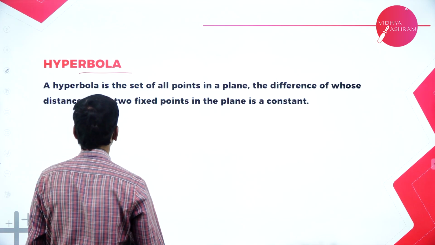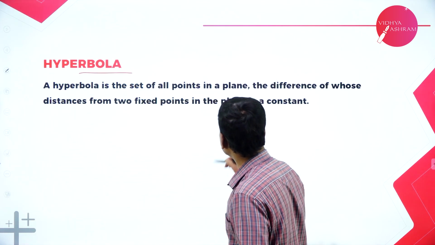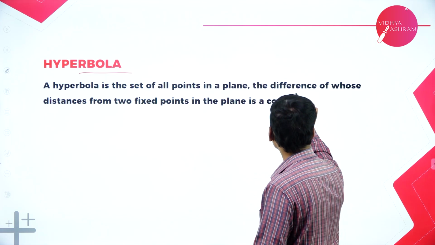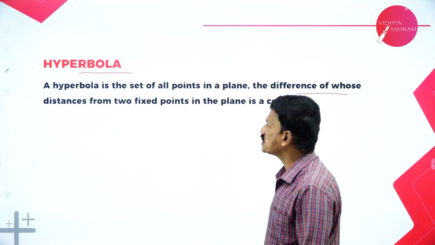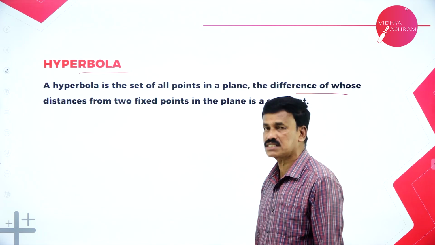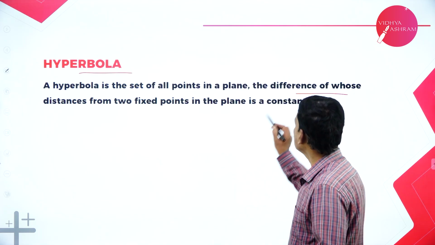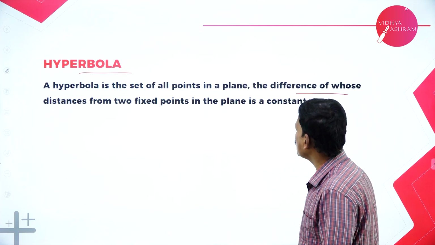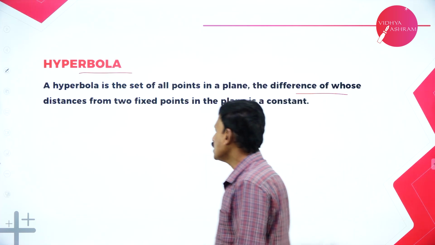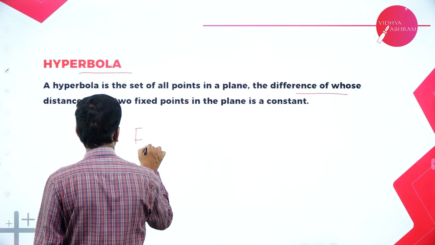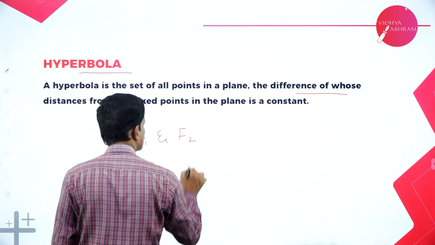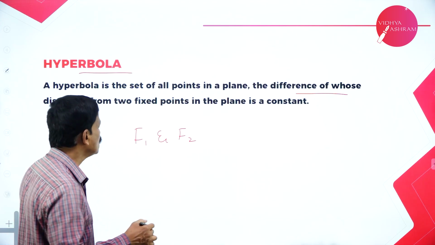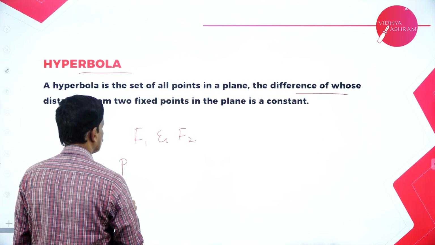A hyperbola is the set of all points in a plane such that the difference of whose distances from the two fixed points in the plane is a constant. Suppose f1 and f2 are the two fixed points, the foci, and P is a point on the hyperbola.